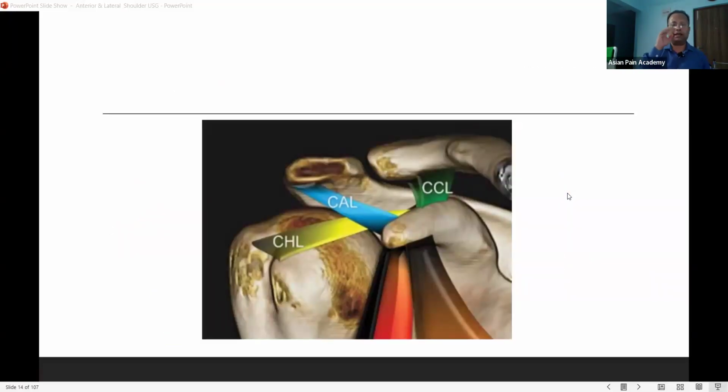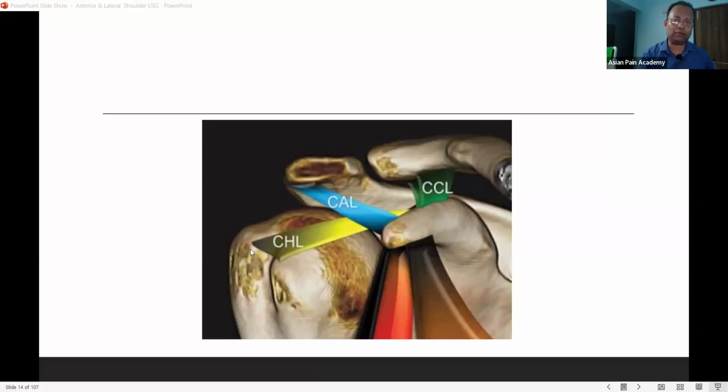Here, again you see the picture to understand the concept of from where to where we should find these ligaments. So coracohumeral ligament, you can see from coracoid process to humerus. Okay, this yellow line. Coracoacromial ligament from coracoid process to acromion. Coracoclavicular is like that only.